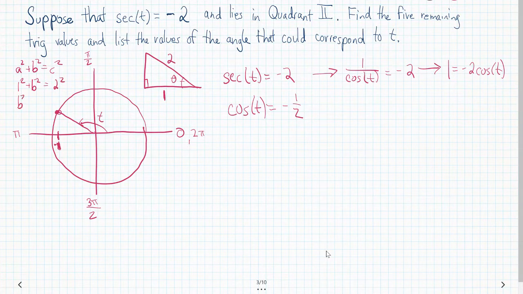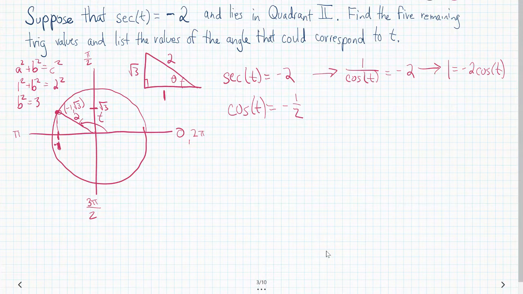So b squared, that's 4 minus 1 is 3, equals 3. And usually you need a plus or minus, but since we're talking distance, we'll just put square root of 3 for right now. That's our height, so this is square root of 3. I know this isn't drawn to scale. So we have the coordinates of that point, it's -1, square root of 3. And then this distance is 2 for our radius. So we have our full triangle right there.